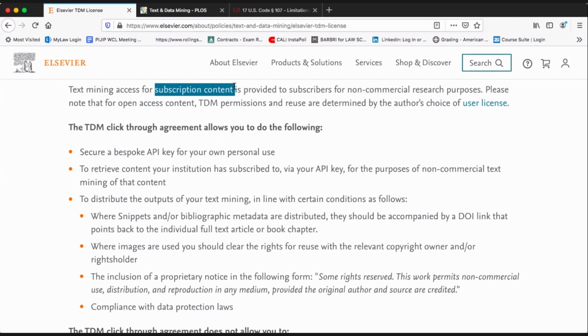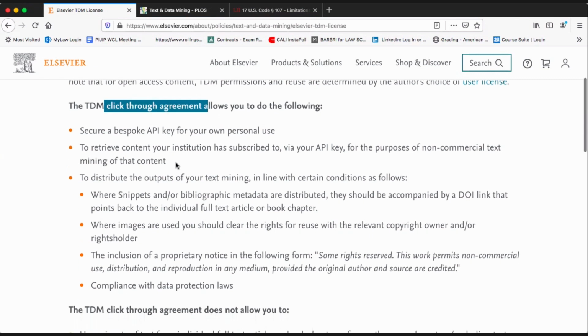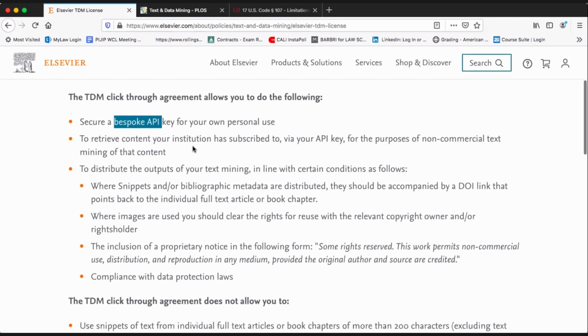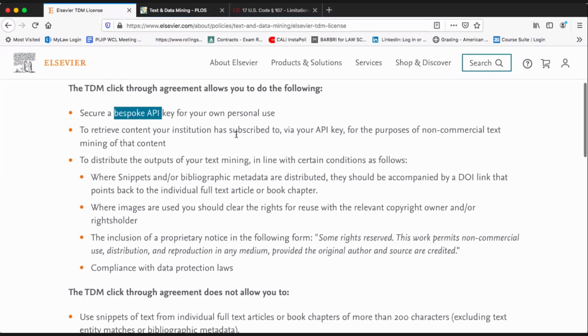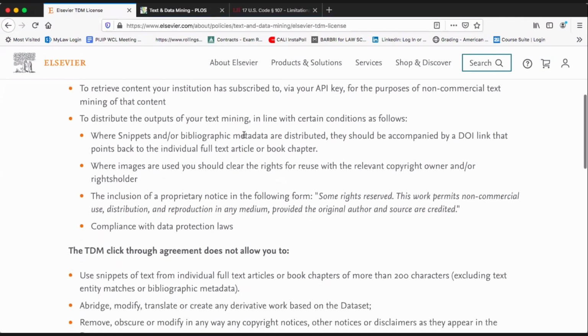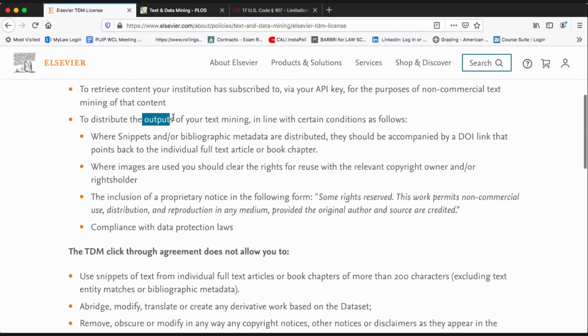With respect to the subscription content, you have to click through and make an agreement, and that agreement will give you the bespoke API, that is the formatted access to the data, to the articles. But look at all the restrictions. You get it for your institution. You're allowed to distribute the outputs of your text mining as long as you live by these different limits.